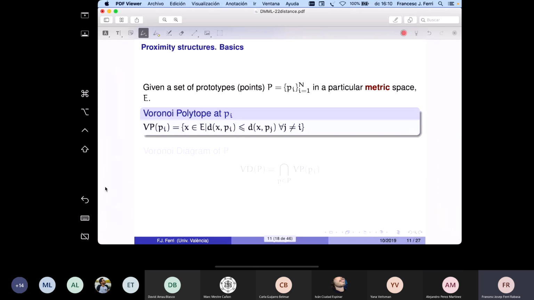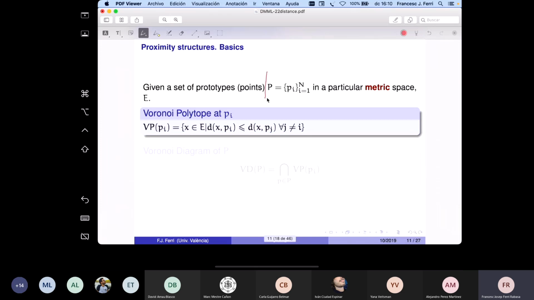If we have a set of points in a particular space, we can define a region in the space associated to each point in this particular set of points, which is called the Voronoi polytope corresponding to the point Pi.